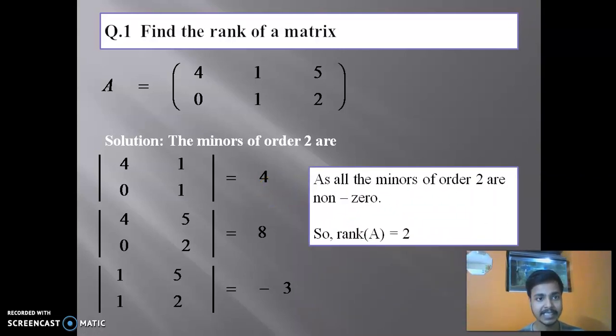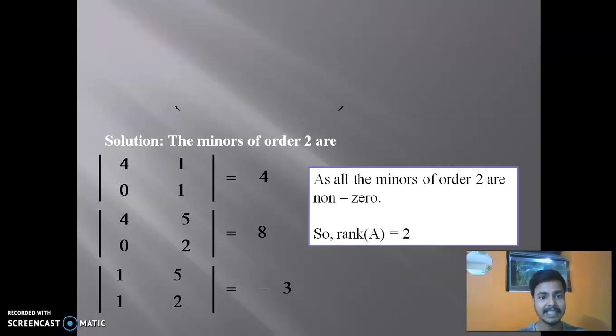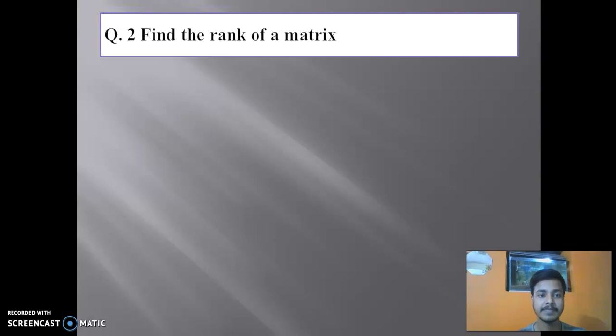Now let us take the next example. Find the rank of a matrix. Let us see what matrix we have. Before we start finding the rank, let me tell you this is nothing but a notation of a matrix, and it is a very rare notation.